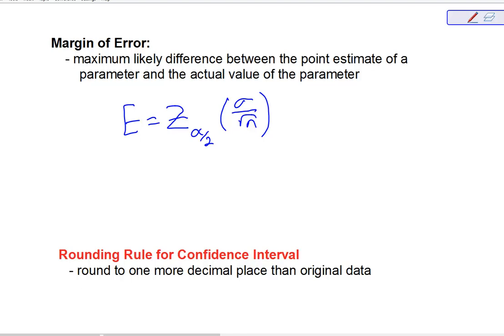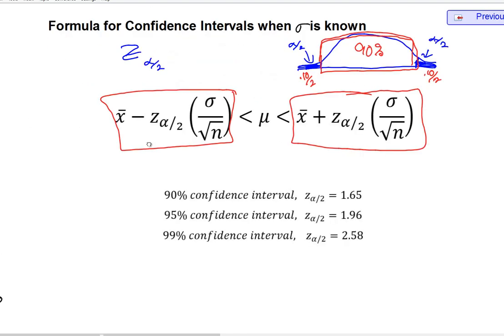Now if we look back at our previous slide, right here, this is E. Okay.